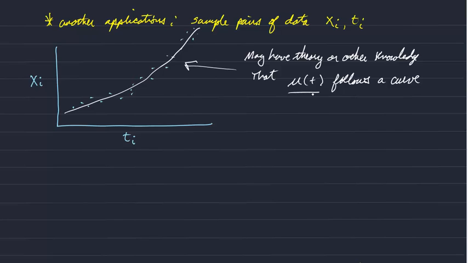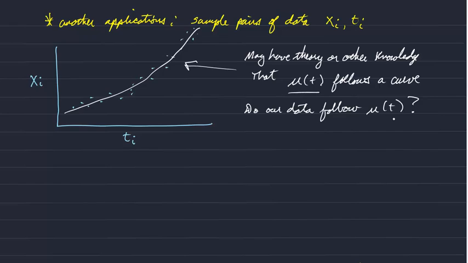So we may ask the question, do our data follow mu of T? Or perhaps more formally, does the population that we've sampled also have a similar dependence between X and T?